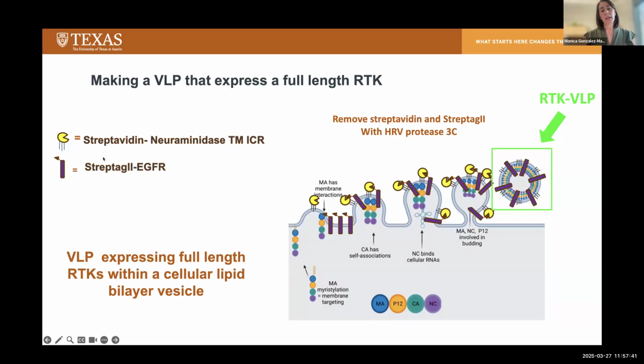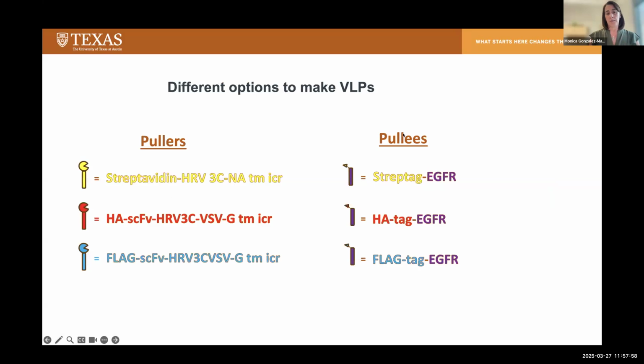At the C-terminus, we added a streptavidin, so if we added a Strep tag to our EGFR, it would be pulled into the vesicle. That is what we did. We also tested other pullers with different tags: anti-HA, scFv, and anti-FLAG.